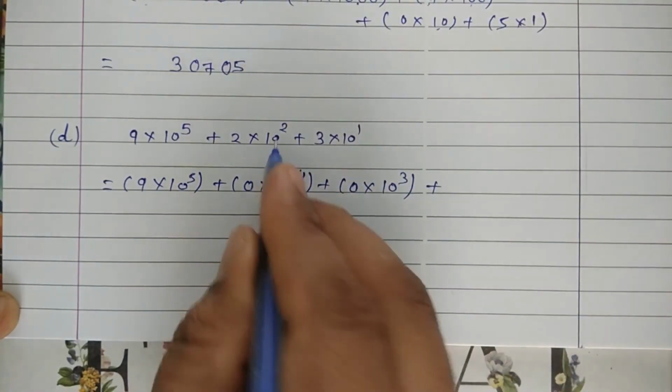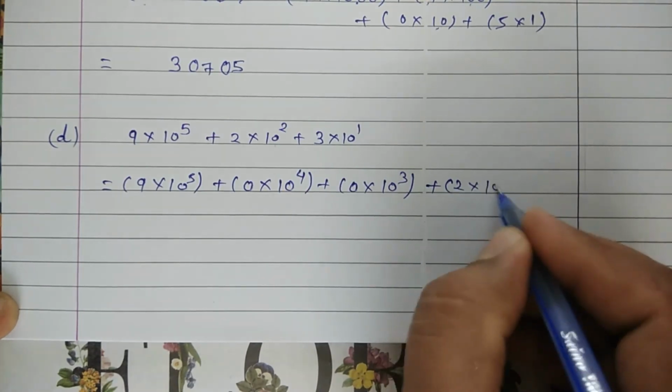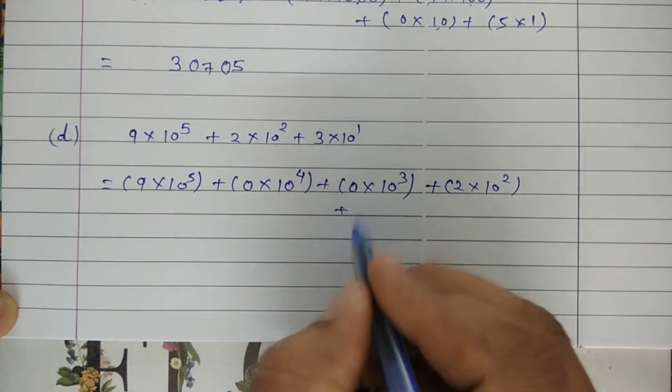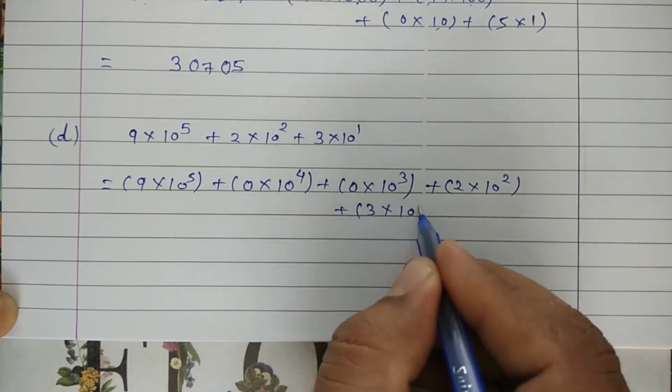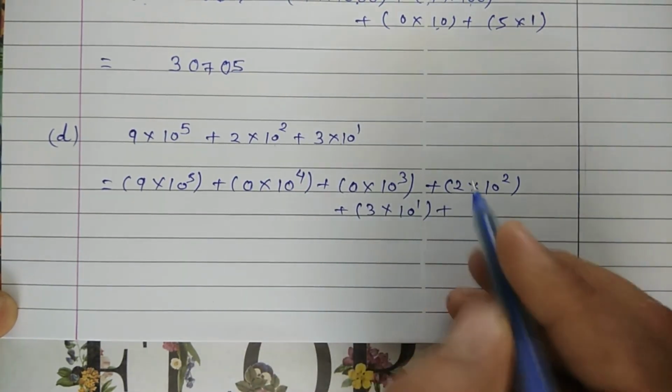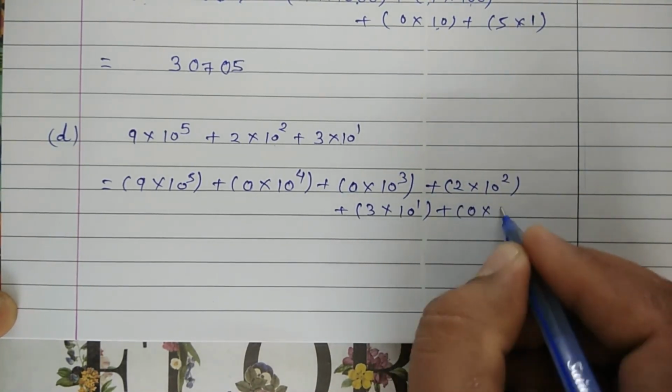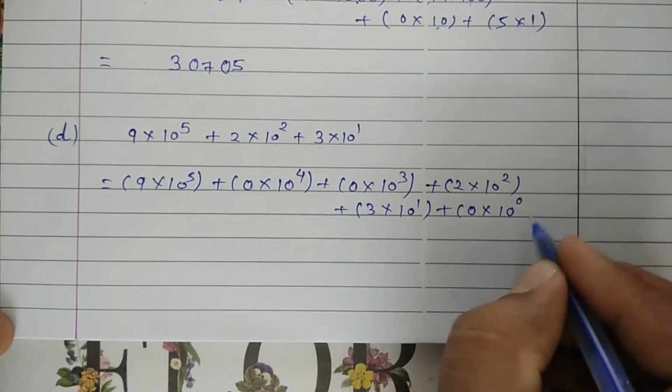Then 10 raised to the power of 2 term is there, that we will write 2 multiplied by 10 squared plus 10 raised to the power of 1 term is there, that is 3 multiplied by 10 raised to the power of 1, and 10 raised to the power of 0 term is not there, so we can write it as 0 multiplied by 10 raised to the power of 0.